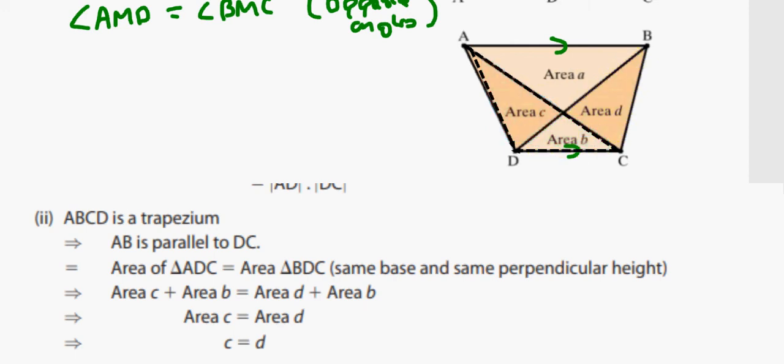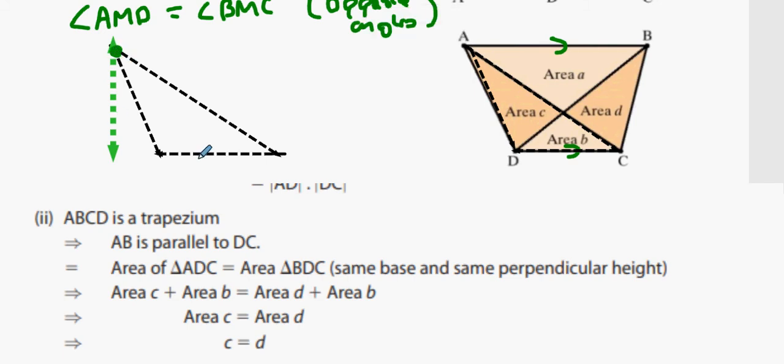For two triangles to have the same area, anytime you get an obtuse triangle like so, the height is actually outside the triangle this time. Why is it outside the triangle? Because it has to be vertical. It's always the point directly down to the base.